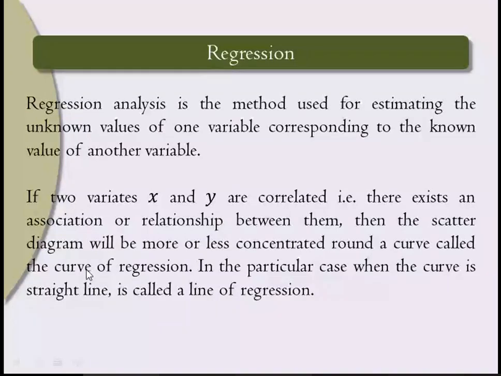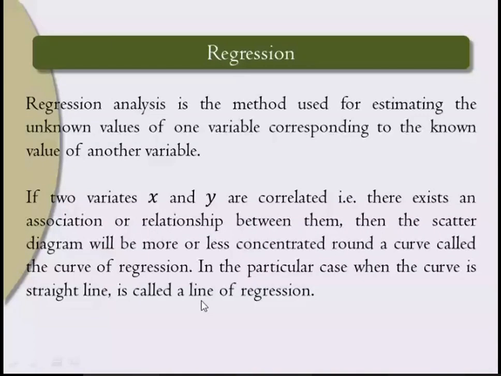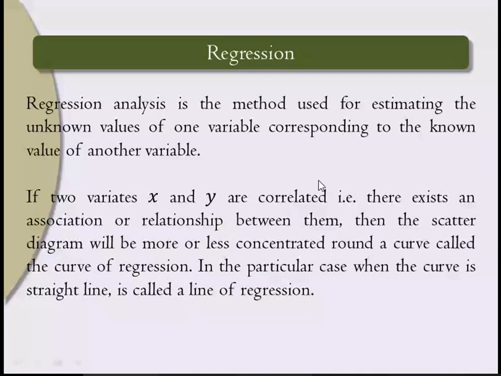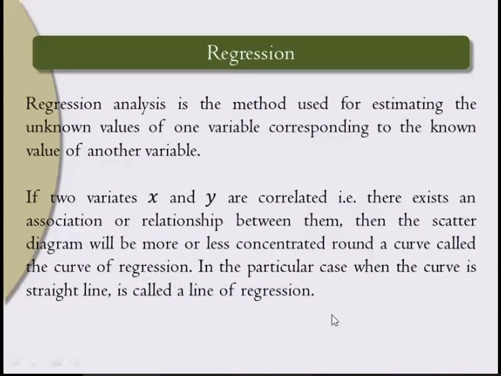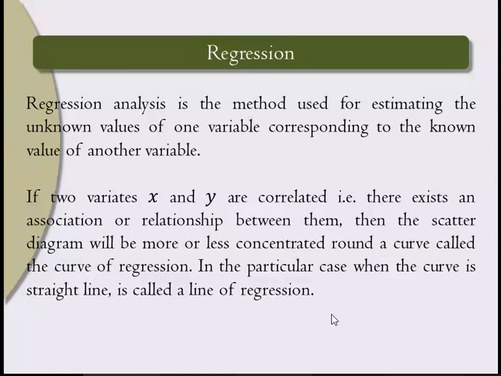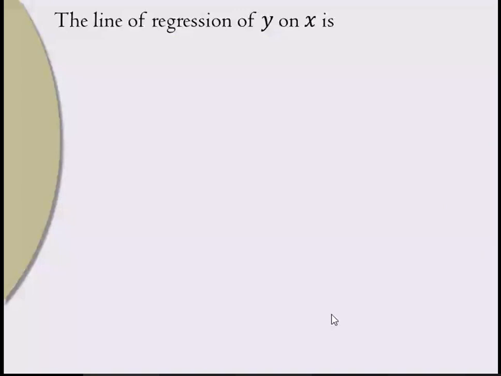If that curve is a line, it is called a line of regression. We are going to see the formula for it, and after getting that regression line, how to solve the problem.